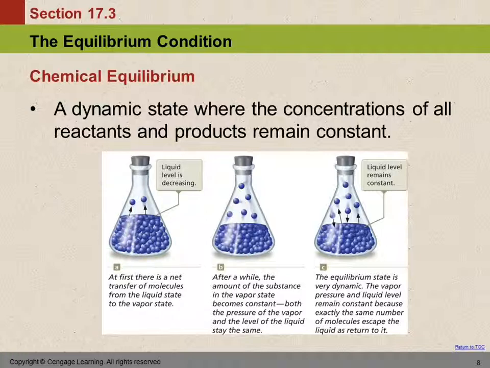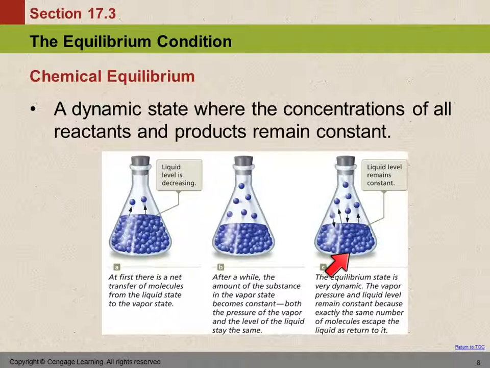The rate of evaporation depends on the temperature of the water only. So some evaporation occurs, and we get some water molecules now in the gas state. These then can begin to condense. As we get more and more gas state molecules, the rate of condensation will increase, because the more particles you have up here, the more will eventually collide.